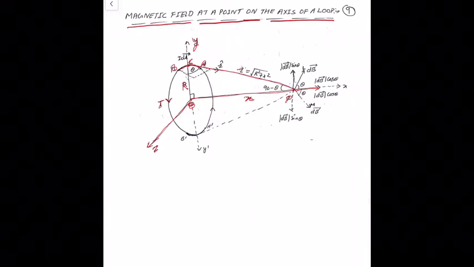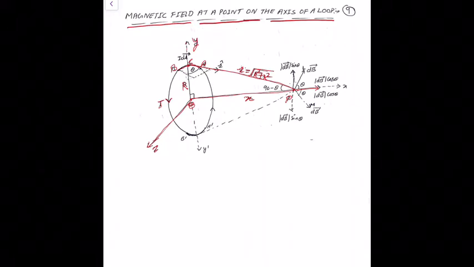Suppose that CP is equal to capital R, meaning capital R is equal to under root r square plus x square.